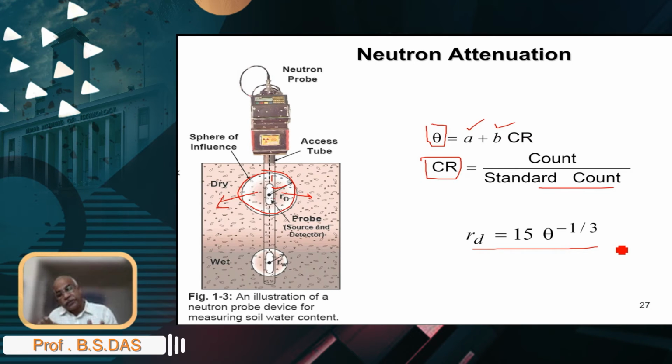Now, the other thing is that because you need an aluminum access pipe to lower this probe to measure water content at different depths, if you go out to an agricultural field and have a bunch of aluminum access tubes installed, almost permanently, all agricultural operations become very, very difficult. Other than this, it is a radioactive source, so you need certification to be a user.